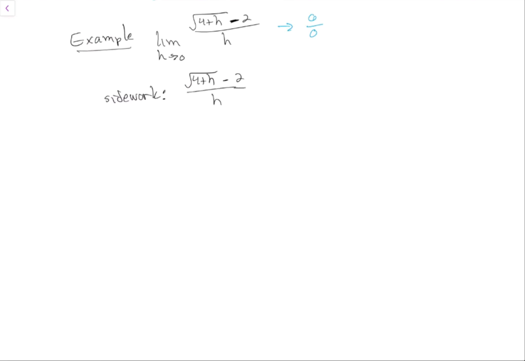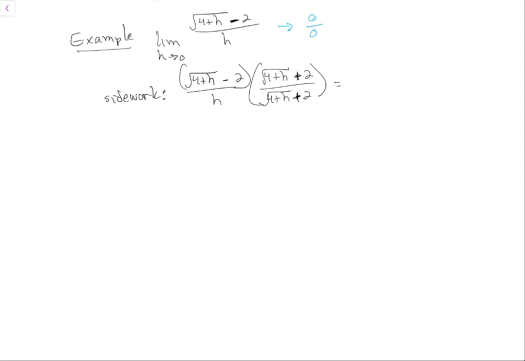So again, whenever I multiply a fraction, I have to do the same thing to the top as I do in the bottom, because I'm really multiplying by the number 1. So I'm going to go ahead and multiply all of this out. So in the top, and I said conjugate, that means you change the sign to positive. So if I multiply everything out in the top, I'm multiplying out a binomial, right?